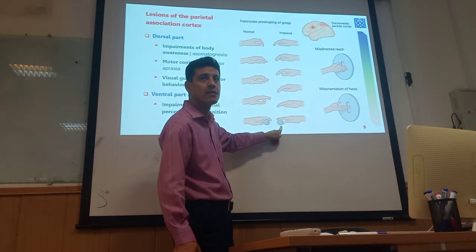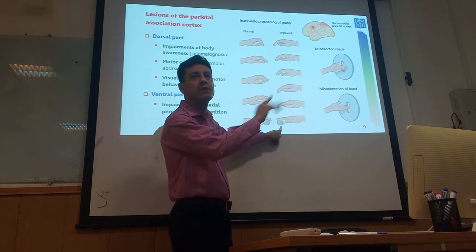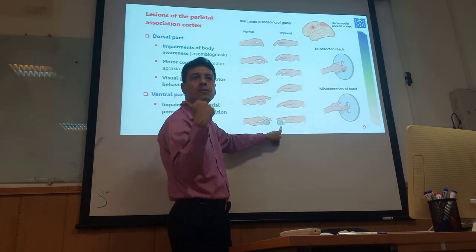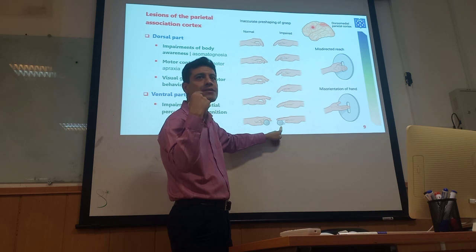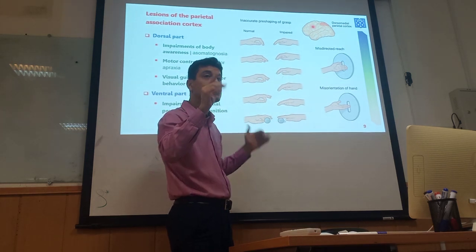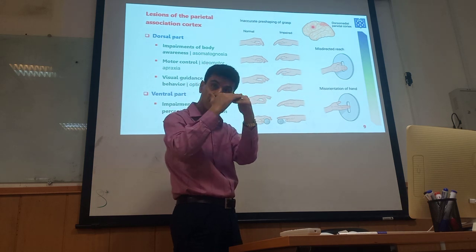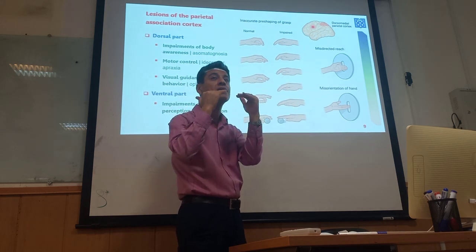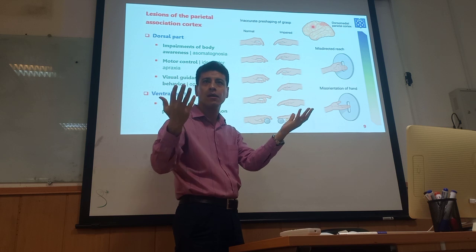Right? Again, the motor system is normal, the sensory system is normal, but the connection of these two is lost. So association cortex is important for making this connection. This connection is not only a passive pathway.